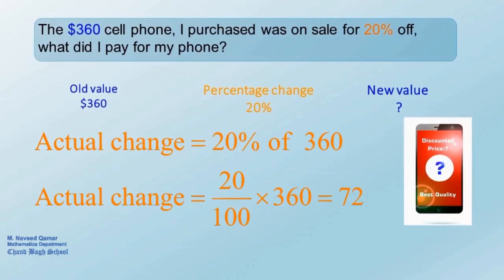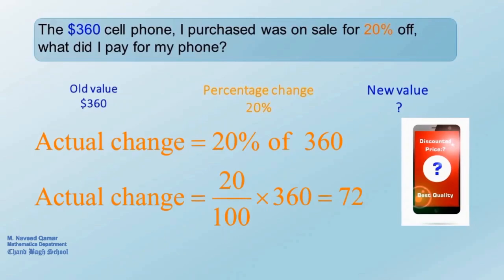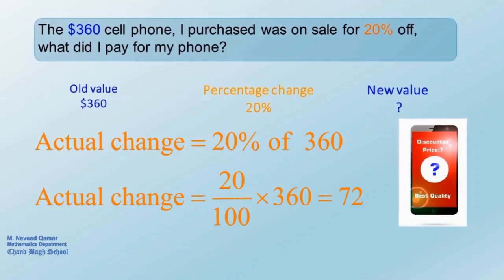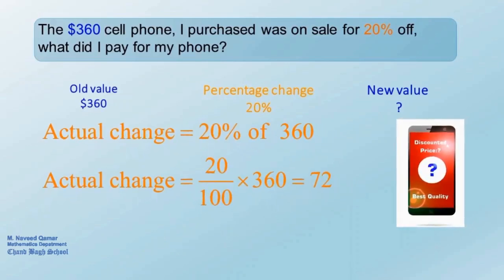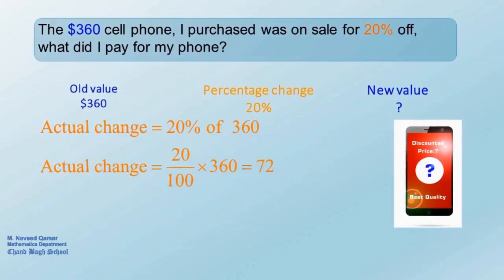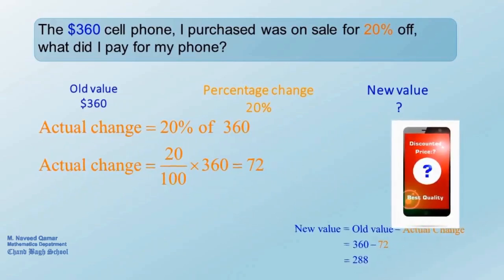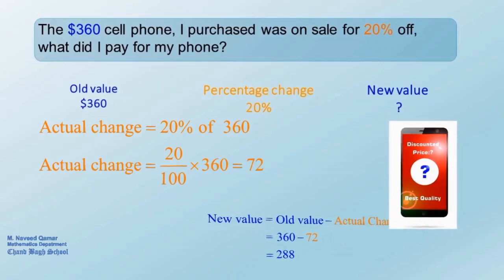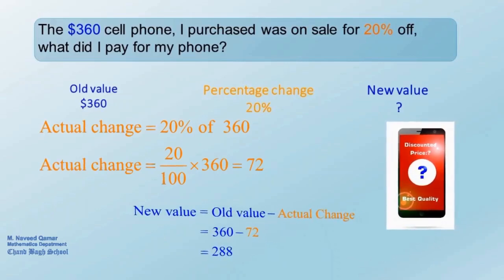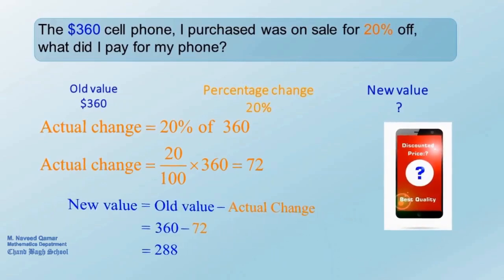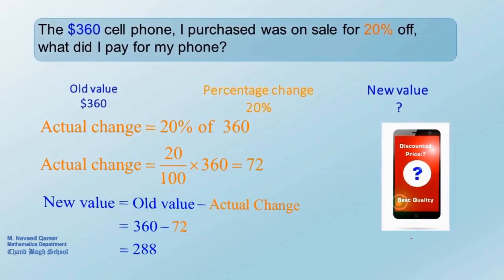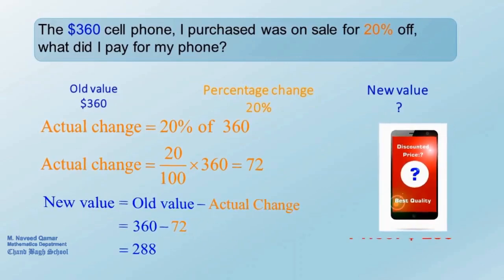This discounted amount is the actual change, that is 20% of 360. That is 20 over 100 into 360. After simplification, we have $72. When we subtract $72 from the original amount, that is 360, we have $288.